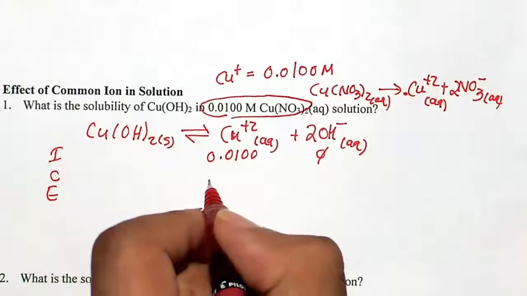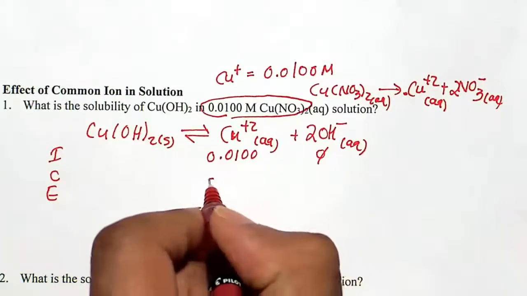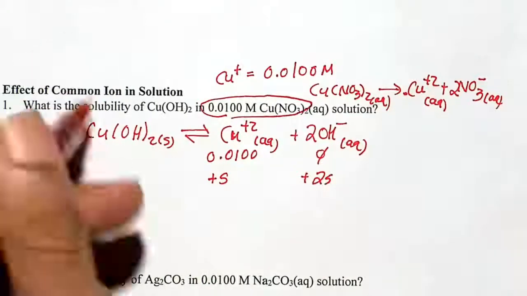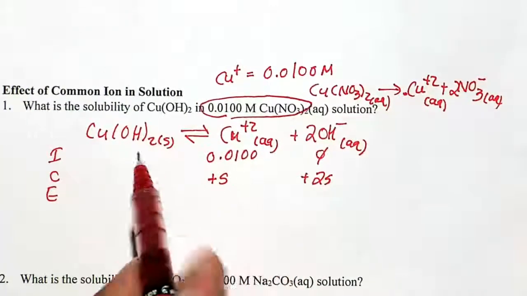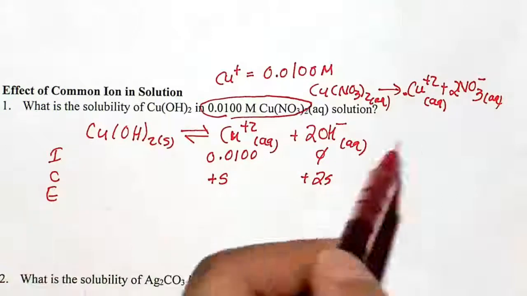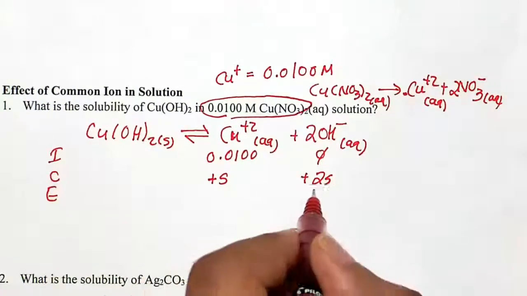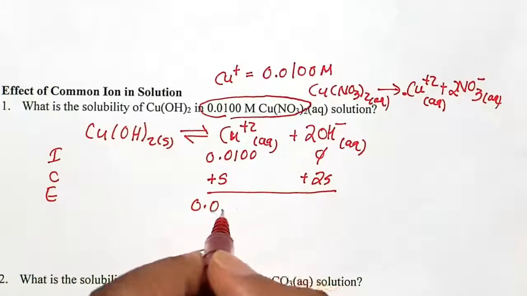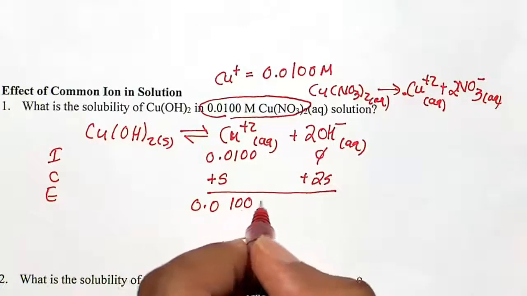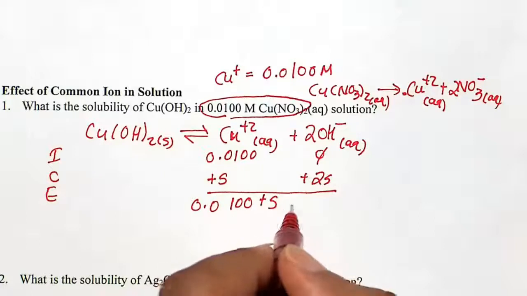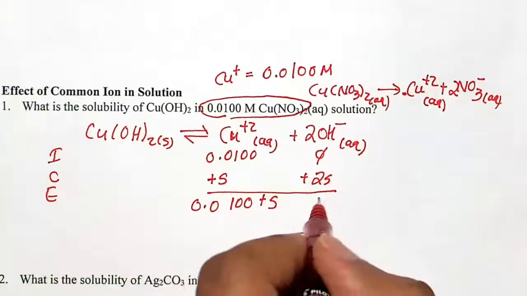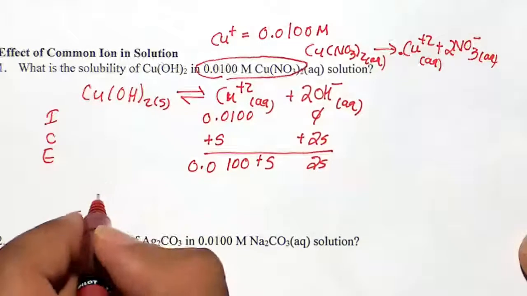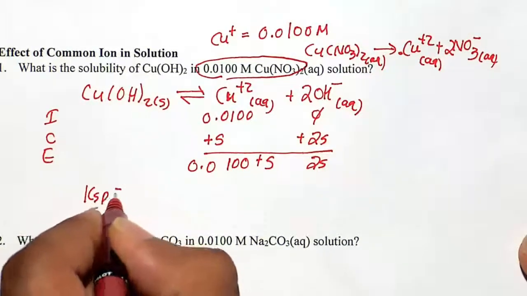And our change is going to be plus S and plus 2S. It's going to be plus because we're talking about solubility and how much of this solid is going to go back into making the component ions. So our new equilibrium concentrations are going to be 0.0100 plus S for the copper ion and 2S for hydroxide ion. So let's plug that into our KSP expression.